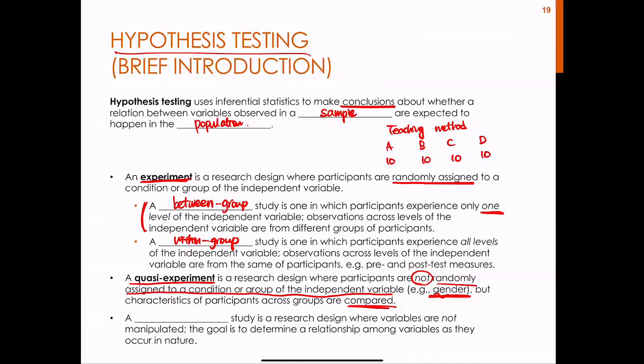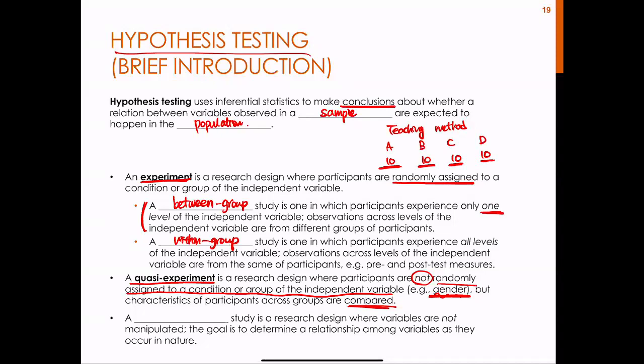It means those 10 students are only in the A teaching method, those 10 students are only in the B teaching method, and those are only C, and those are only D. So this is a really good example of the between group study.